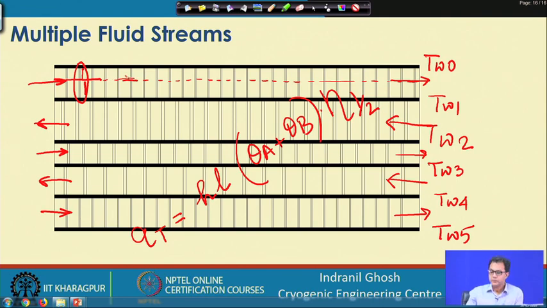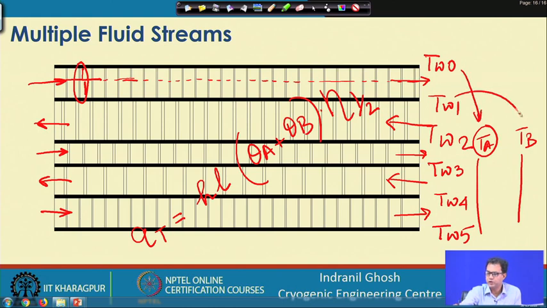So, this is T A and T B, and these are actually nothing but T W 0 and T W 1.